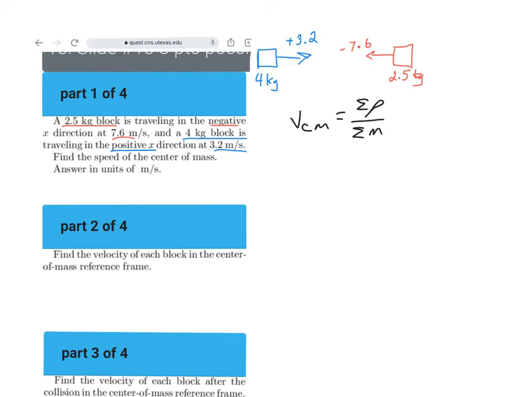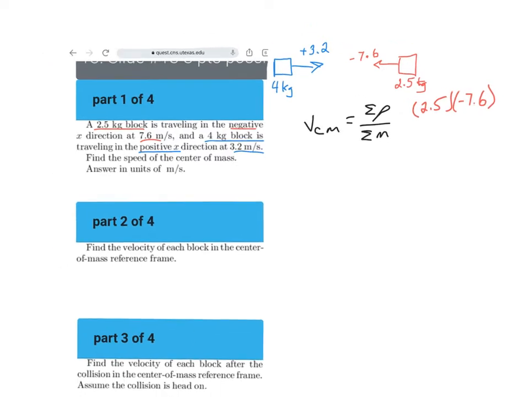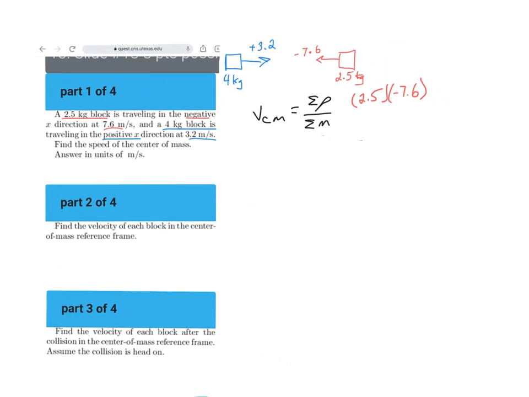So we take mass 1 times its velocity, which is negative 7.6, plus our other mass, that's 4 kilograms times positive 3.2.